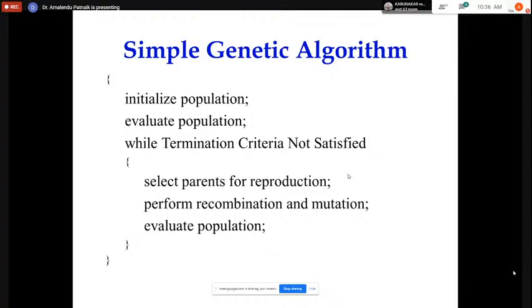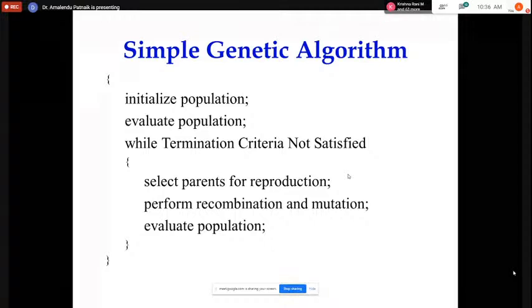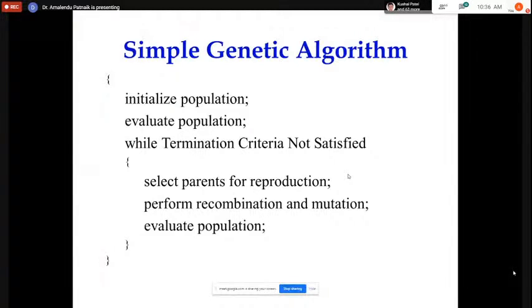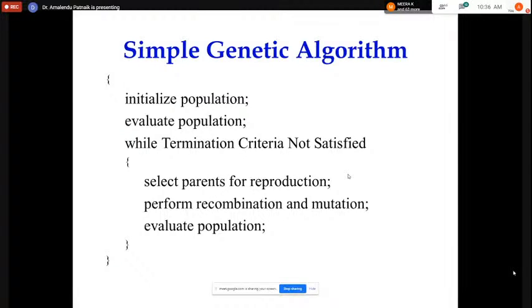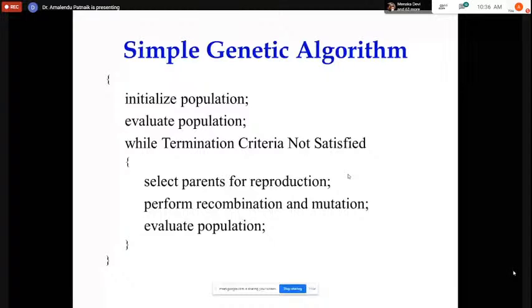So before applying the meta-heuristic technique, the first step is you need to convert your problem in hand to a maximization problem. Then you need to choose a proper termination criteria, because almost all of these methods are iterative techniques. Somehow you need to stop these iterative techniques at some point of time. So how to do that?